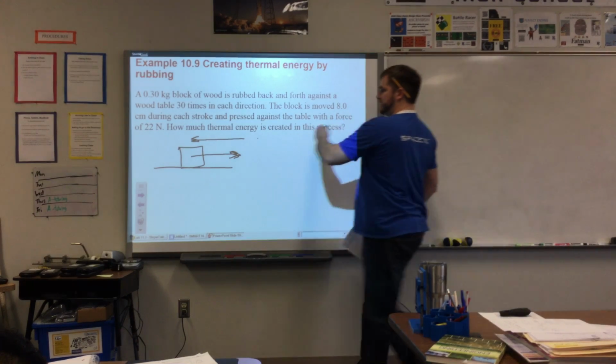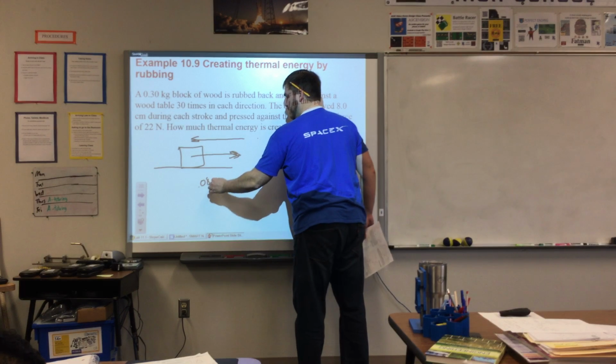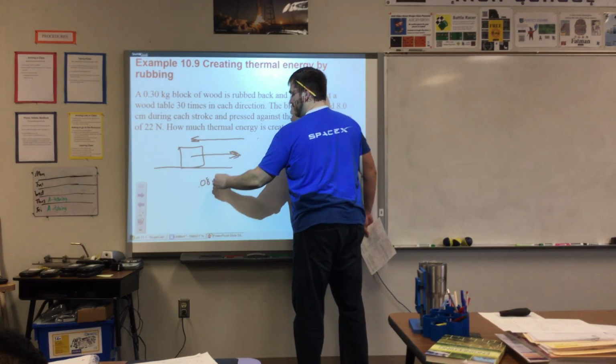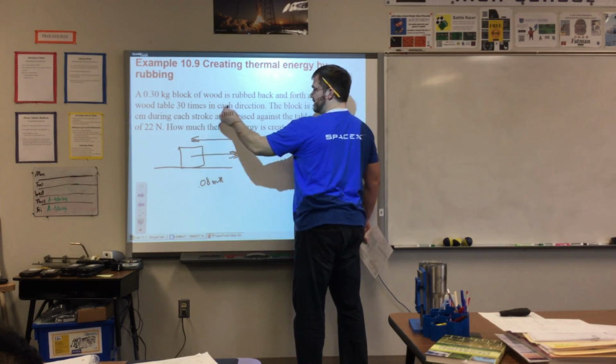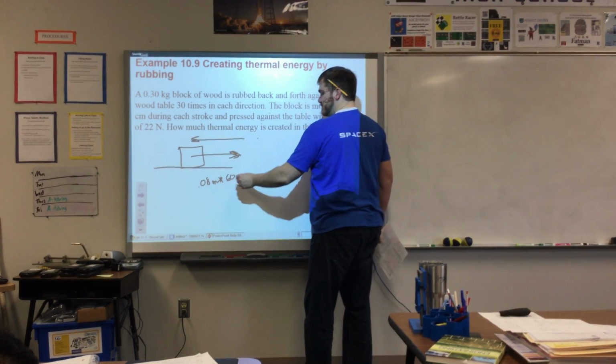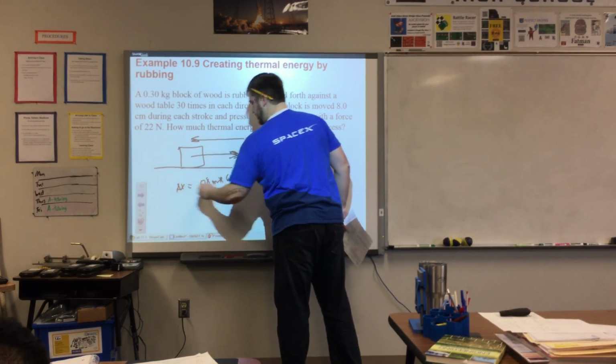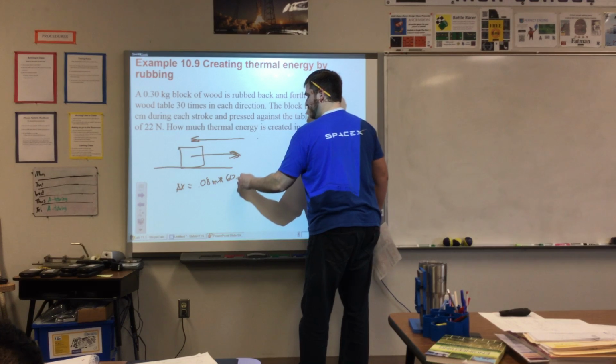So 8 centimeters is 0.08 meters. We're going back and forth 30 times in each direction, so that's 60 times. Give me an actual distance here. This is our delta x. 4.8 meters.